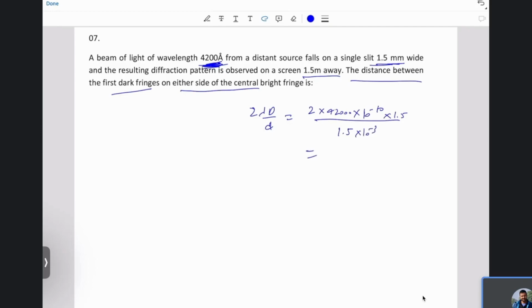So the 1.5 and 1.5 will cancel. And then we will do 42 into 284, and it will be in mm. So 0.84.